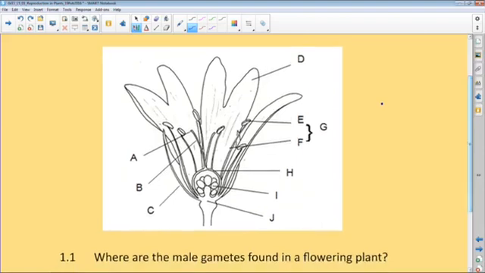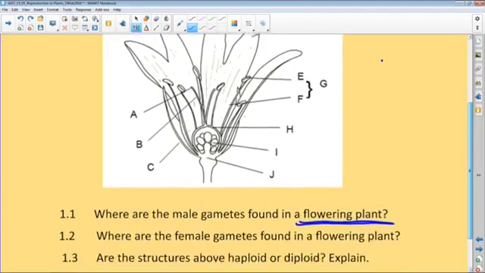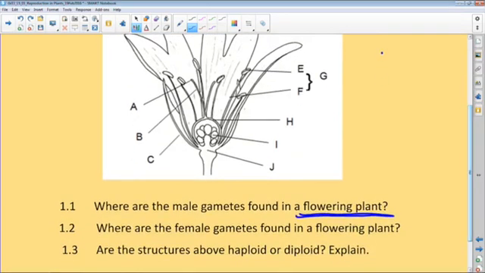The question I've got for you now is, where are the male gametes found in a flowering plant? Next one, where are the female gametes found in the flowering plant?